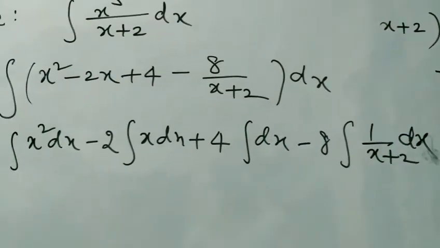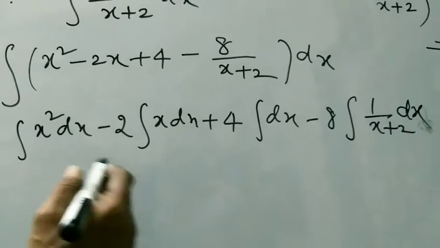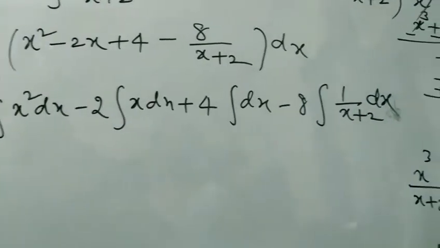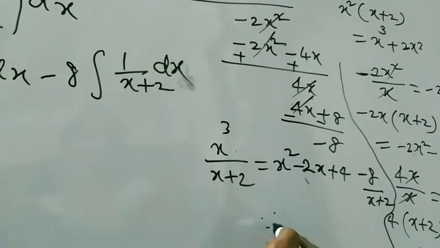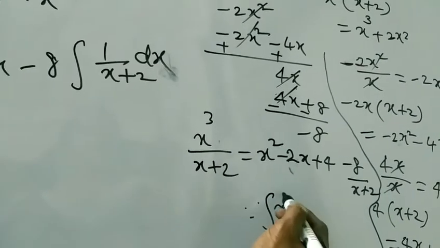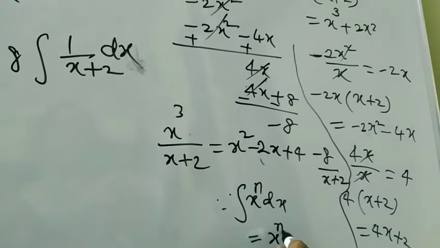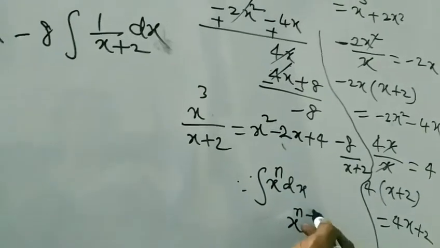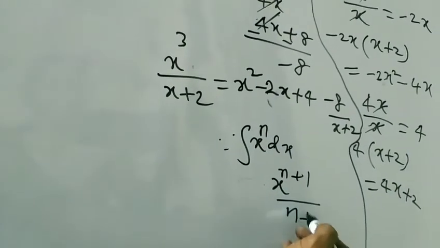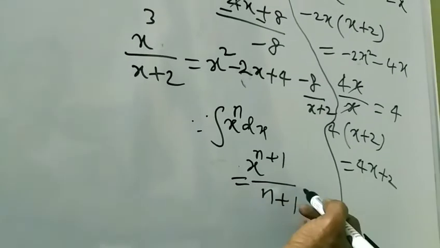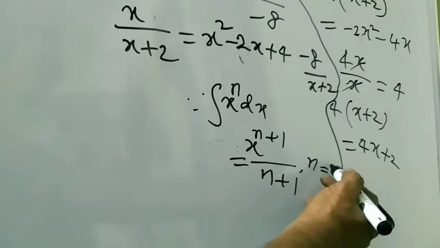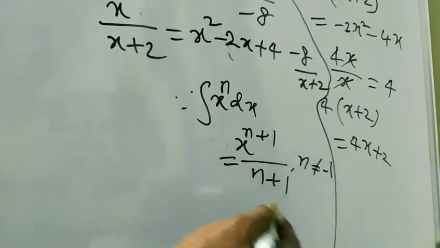So already we know the formula: the integral of x to the power of n dx is equal to x to the power of n plus 1 by n plus 1, n not equal to minus 1.